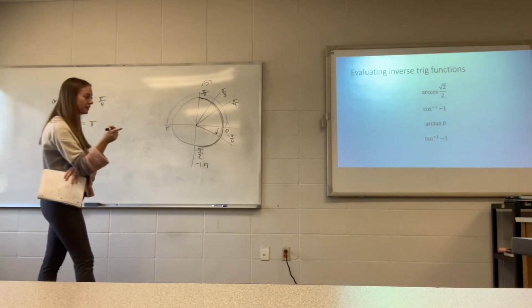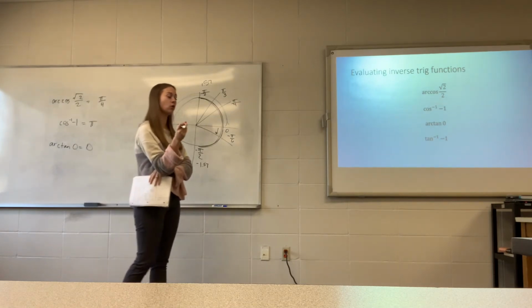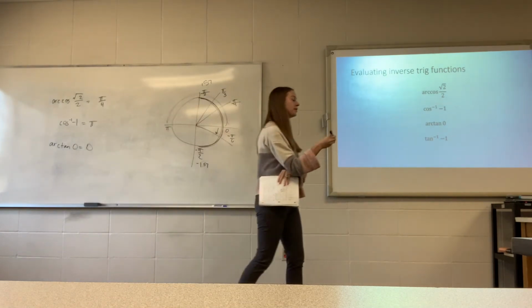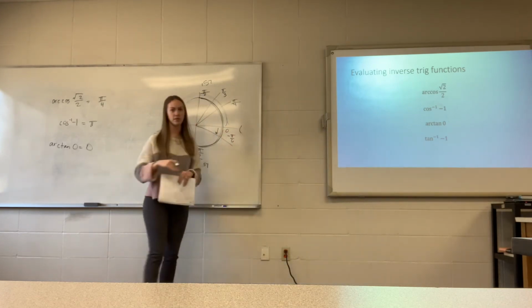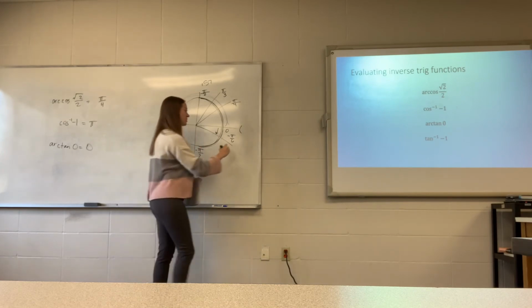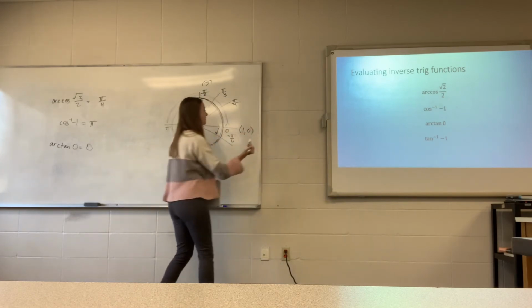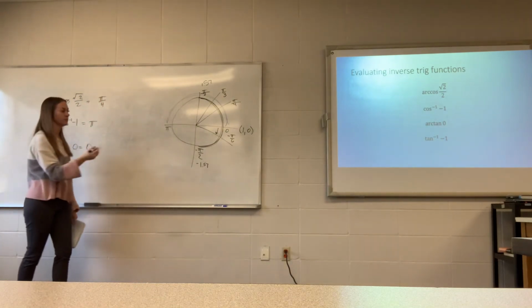So we know that tangent is our sine over cosine, right? So we're looking at the angle where my sine over cosine is going to be 0. So if we look at 0, what's my cosine and my sine at 0? 1, 0. So if I do sine over cosine, what would it be? 0 over 1, right?